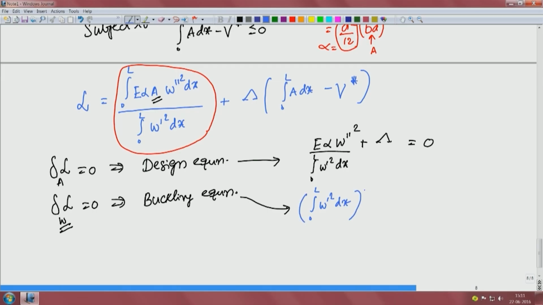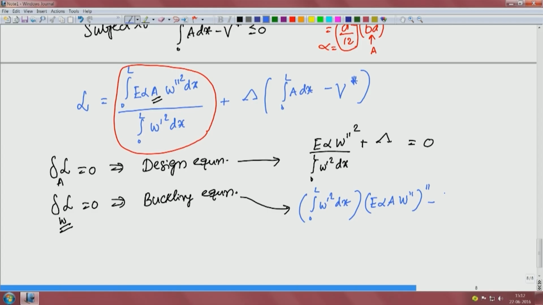First we write the integral from 0 to L of W prime square dx, multiplied by the variation of the first part. That will be E alpha A W double prime, since d square by dx square gives double prime also, for the numerator.